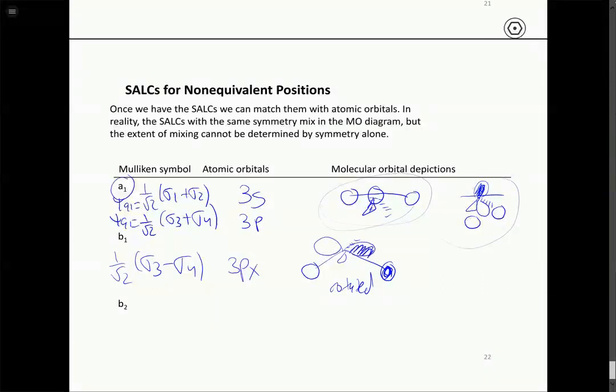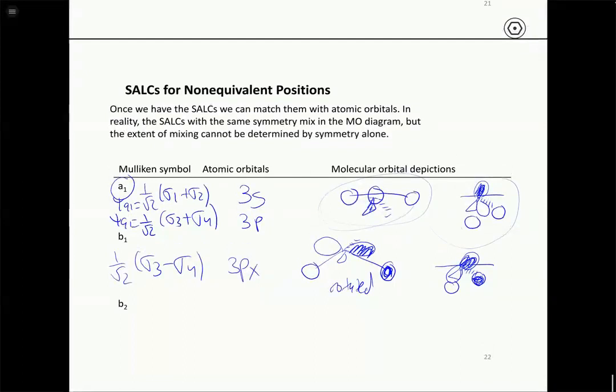So we're putting here the x-axis horizontal. If we look at the normal view, as I gave it above, we had this viewpoint of the seesaw, and so you'd have this perpendicular overlap here. So it's a little bit harder to draw in this orientation. But anyway, it's an out-of-phase combination of sigma 3 and sigma 4, and we get good overlap with the 3px orbital.